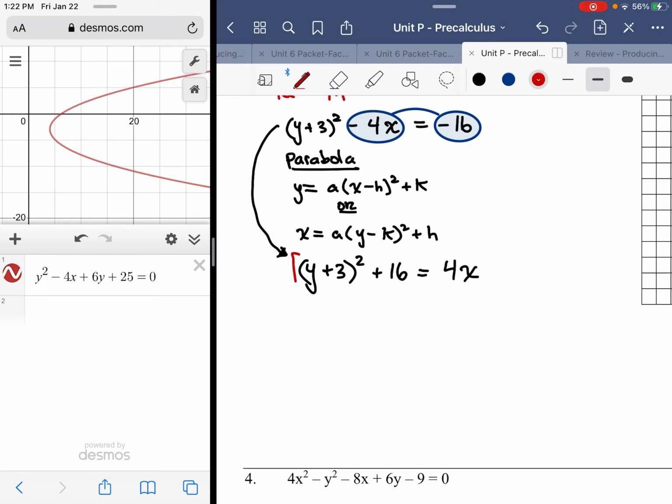I'll put a little bracket here and write times 1/4. It's the same as dividing by 4, but this makes it nicer because I can distribute it through and make it 1/4 (y plus 3) squared plus 4 equals x.